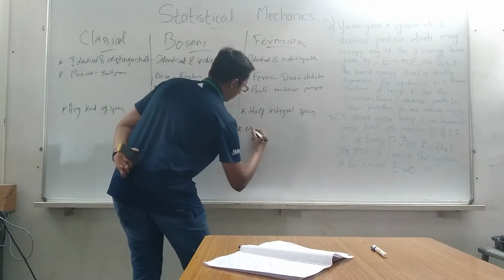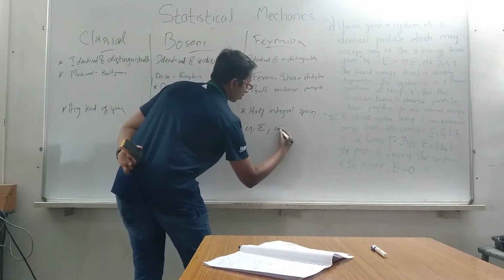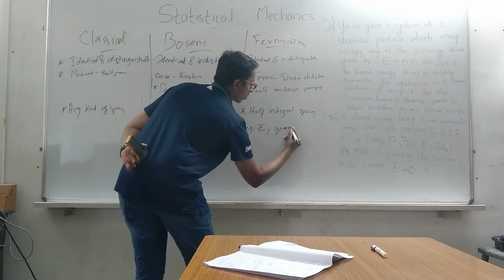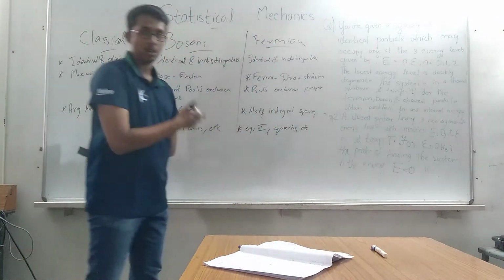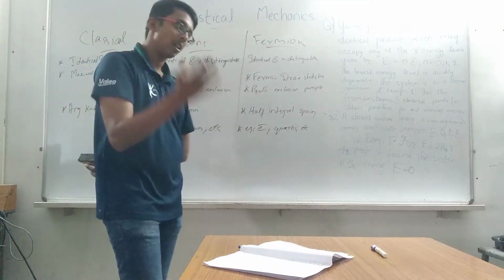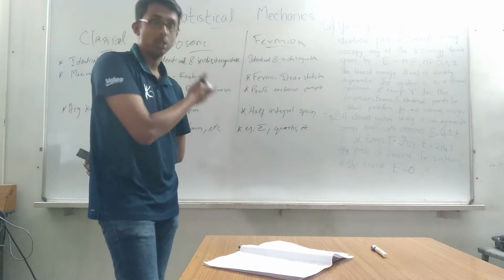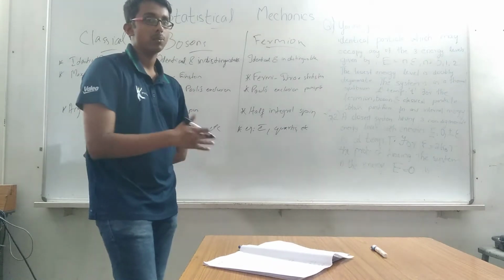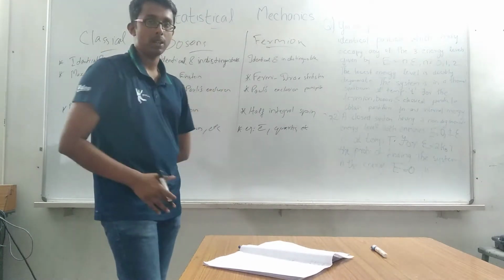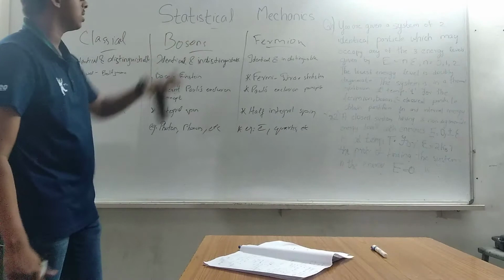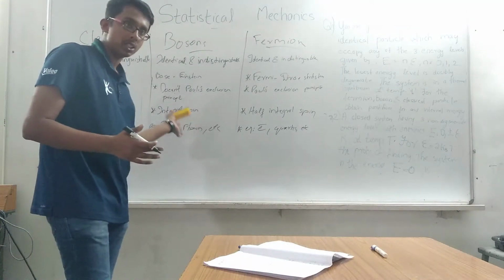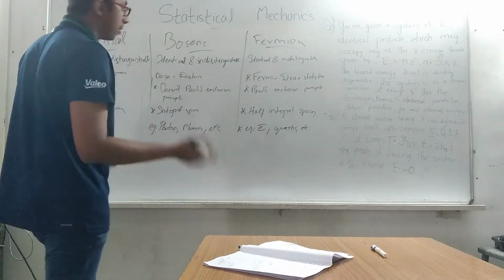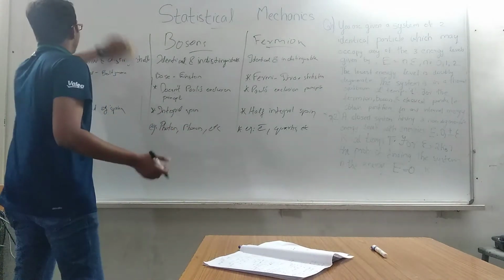The examples are the fundamental particles, electrons, quarks, etc. Quarks are the fundamental particles in the proton. There are 3 quarks in a proton, and the electron is a fundamental particle. So this is the basic differentiation between these 3 particles, that is classical, bosonic and fermionic particles.